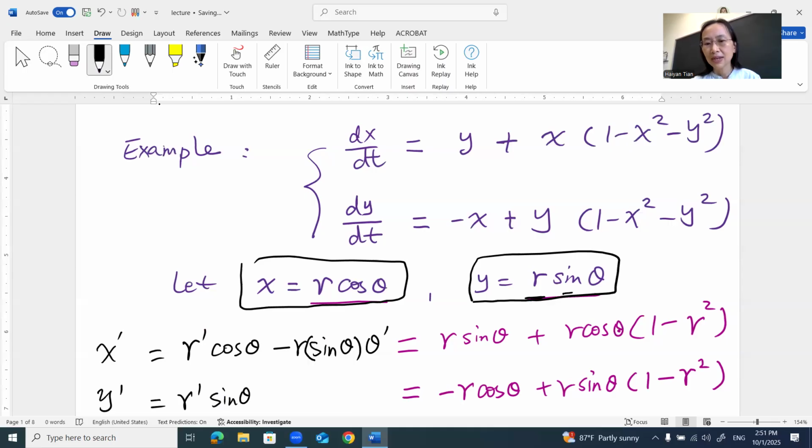And then next we differentiate sine theta, which is cosine theta times theta prime, by the chain rule, and times r.